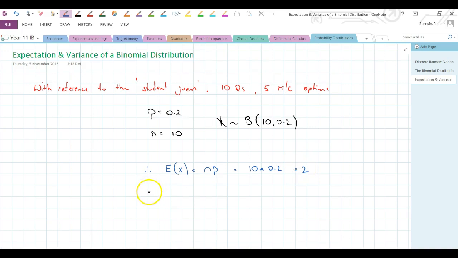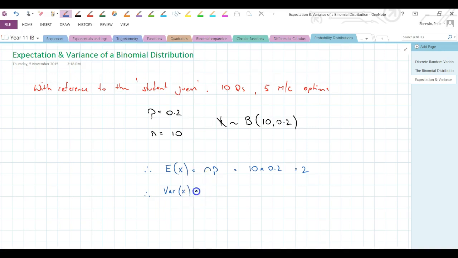Absolutely logical. The variance is how much would we expect it to vary from 2? Just like we've looked at before with these things. Now standard deviation is a measure of spread. Variance is the square of the standard deviation.